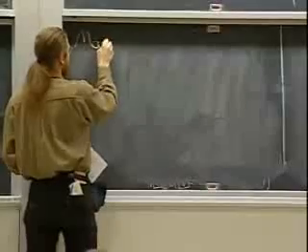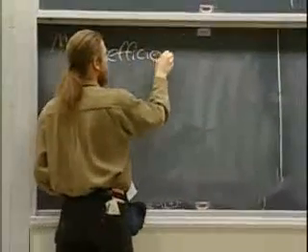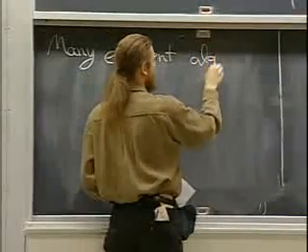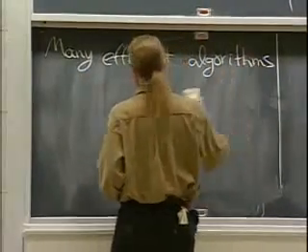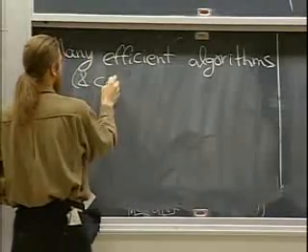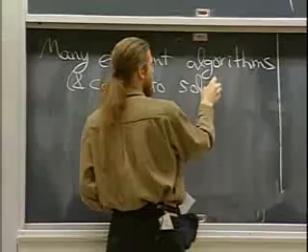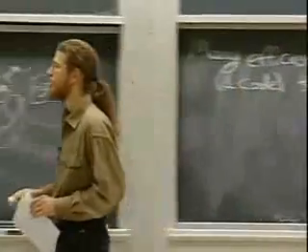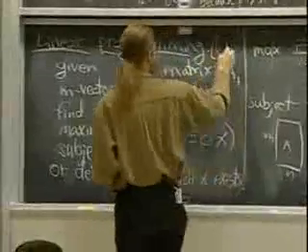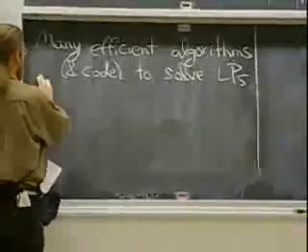There are many efficient algorithms and lots of code that does this. It's a very practical setup. So lots of algorithms to solve LPs, linear programs. Linear programming is usually called LP. And I'll mention a few of them.